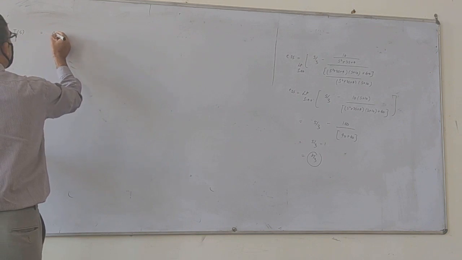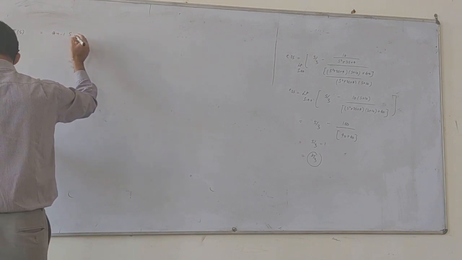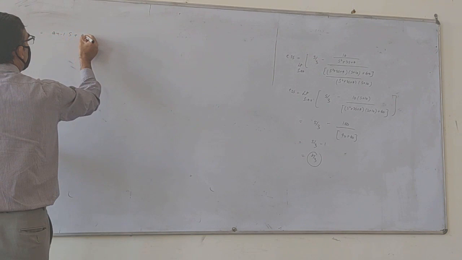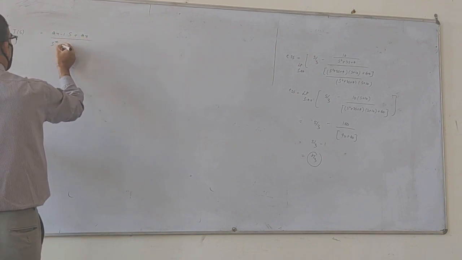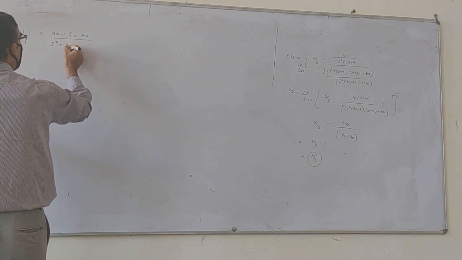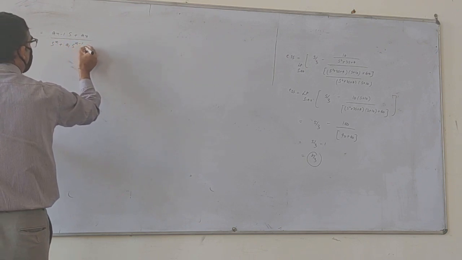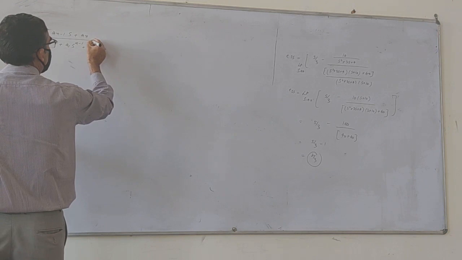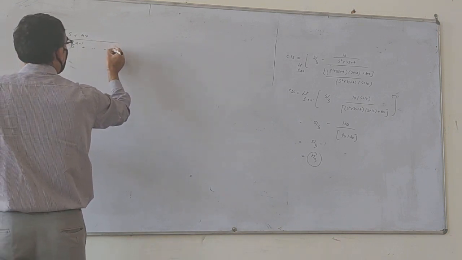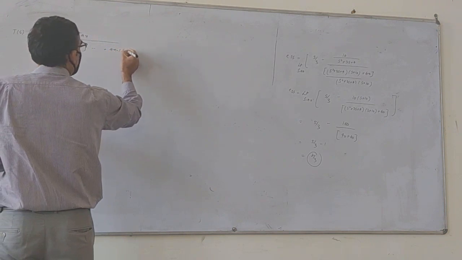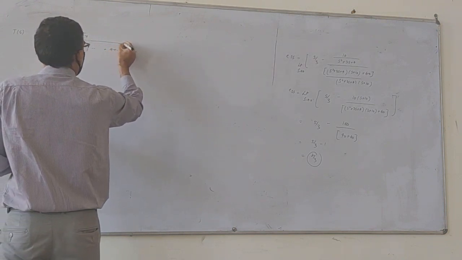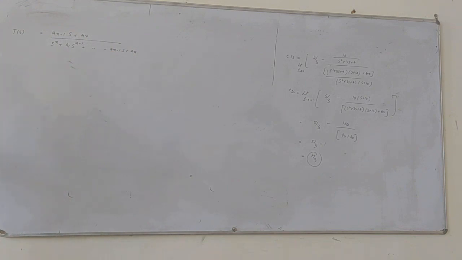T(s) is given as (a_{n-1} s + a_n) divided by (s^n + a_1 s^(n-1) + and so forth, a_{n-1} s + a_n). Now steady state error for a unit step and ramp.